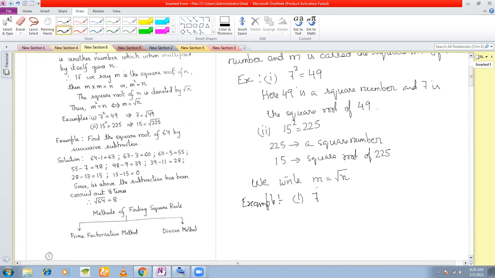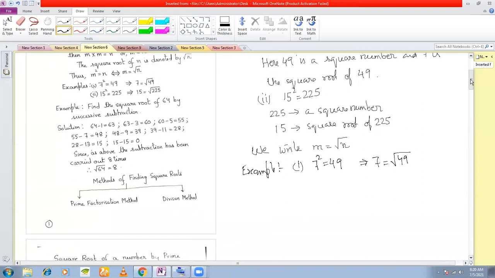Let's say you have 7 square is equal to 49. Then what do we write? We write 7 is equal to square root of 49. If we have 15 square is equal to 225, then we write 15 is equal to square root 225. This is the way we denote square roots.